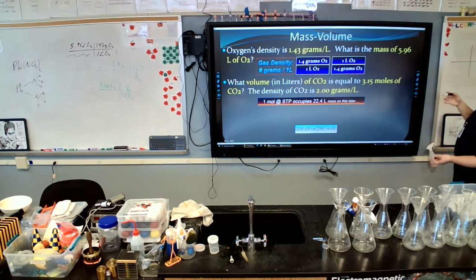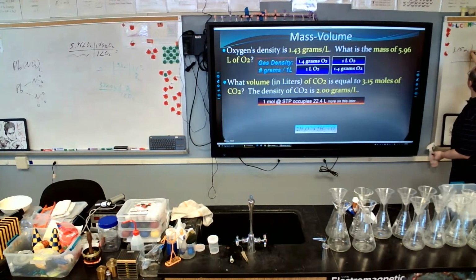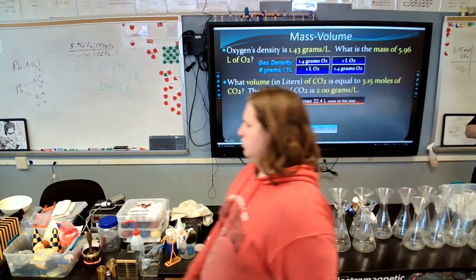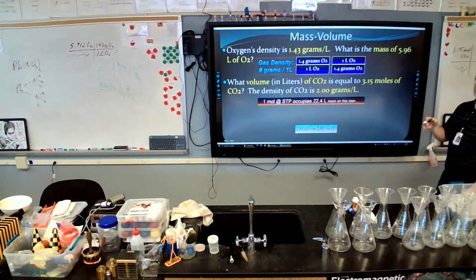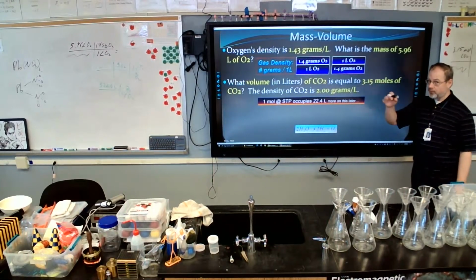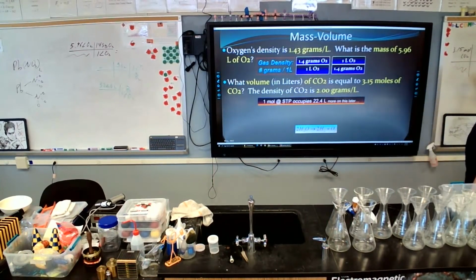We have 3.15 moles of CO2. And to use gas density, we need to turn our moles into grams first, and then to liters. For every 1 mole of CO2, there's 44 grams of CO2.